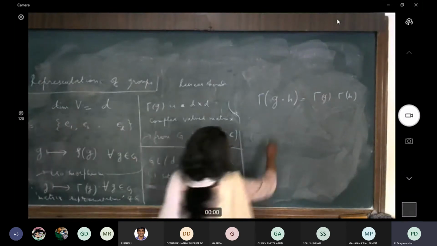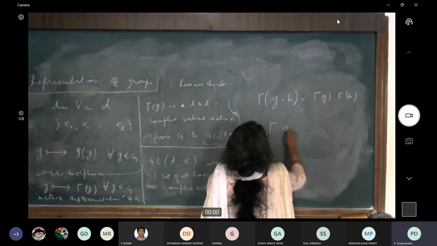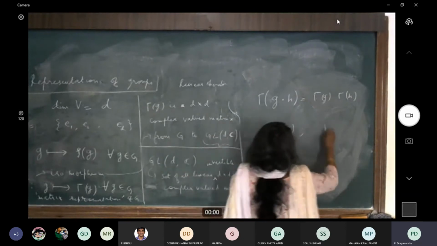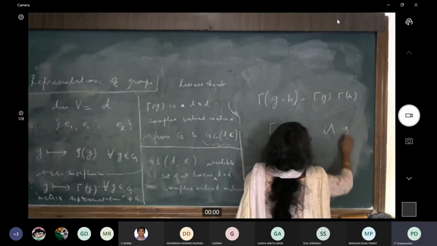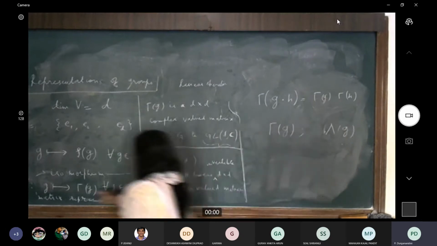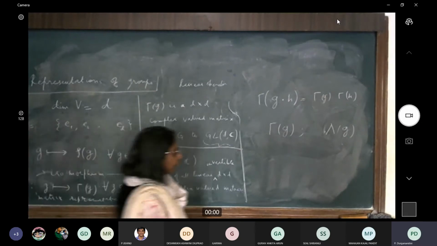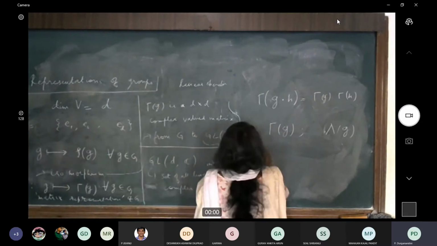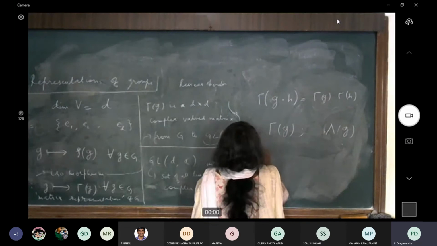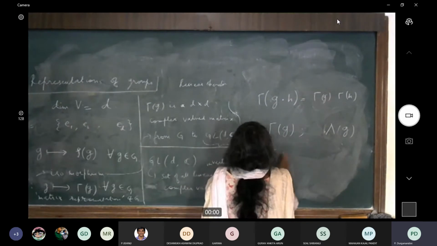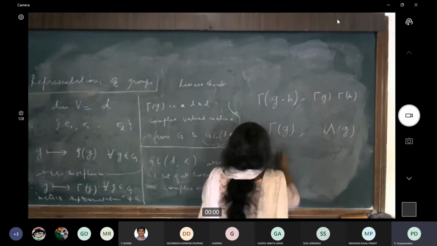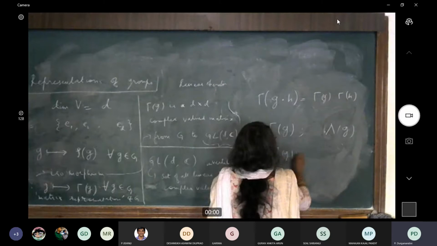So suppose I have two isomorphisms, gamma of G and another, lambda of G, from an element of the group G to the matrices. And suppose your gamma of G can be written, or your lambda of G can be written like this.